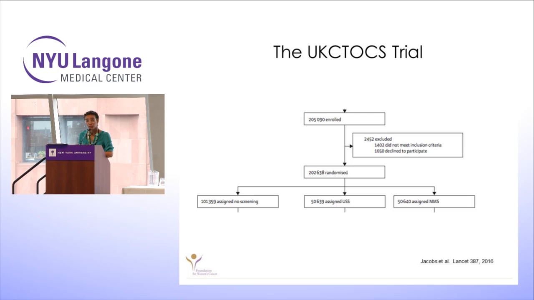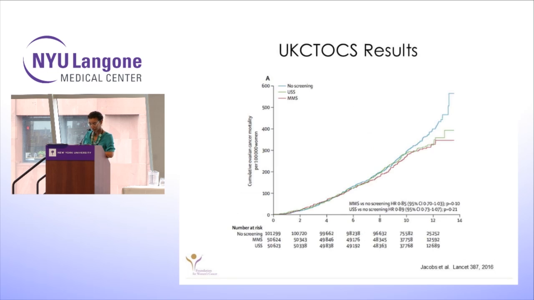Half of them got no screening, and then the remaining half were split into 2 groups. One did an ultrasound-based screening, and the other one they called a mixed modality screening, but that mixed modality was very similar to the ROCA algorithm, and they used the ROCA algorithm when determining when to have additional testing. You can see there's 50,000 women in each treatment group.